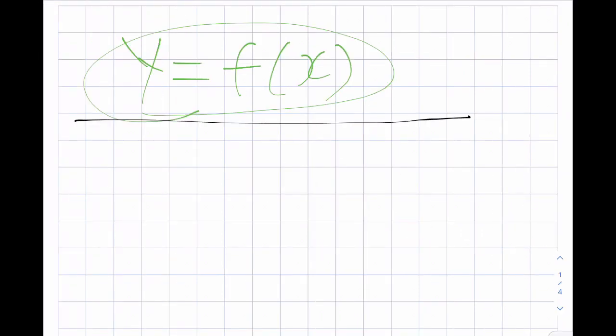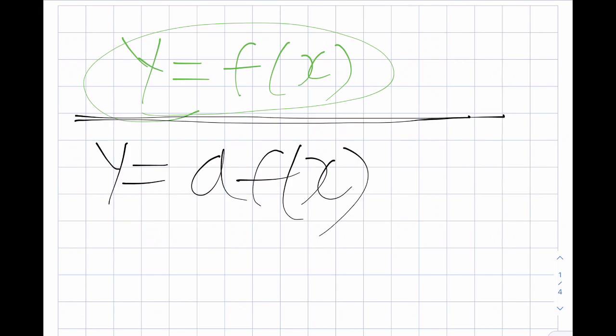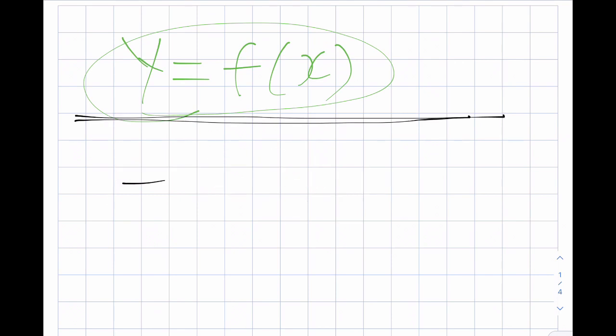Alright guys, so in summary, if we want to vertically stretch this function y equals f of x, we have to put a number in front of the f of x. Now, if we want to maybe vertically stretch it by a factor of 3, then we will write it as 3 f of x.